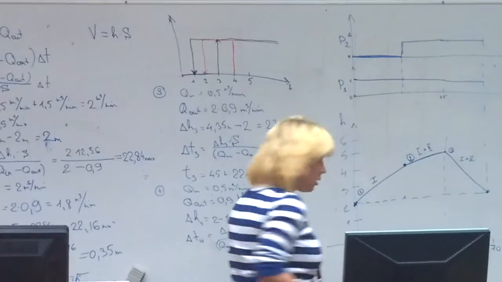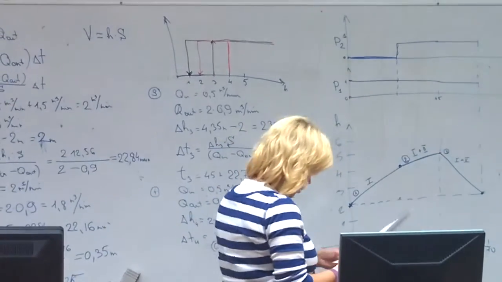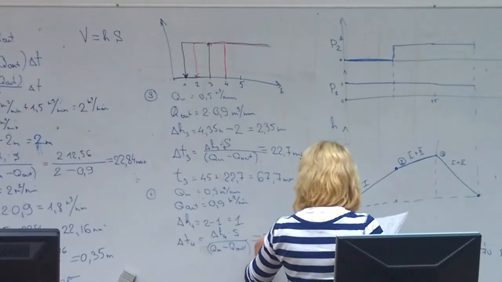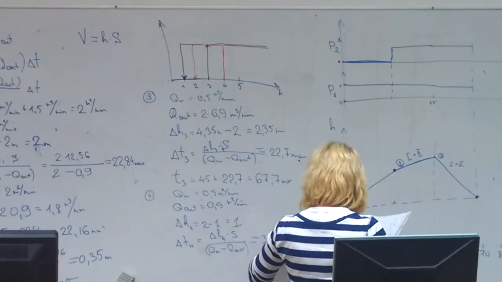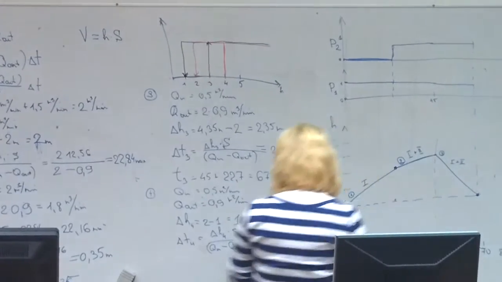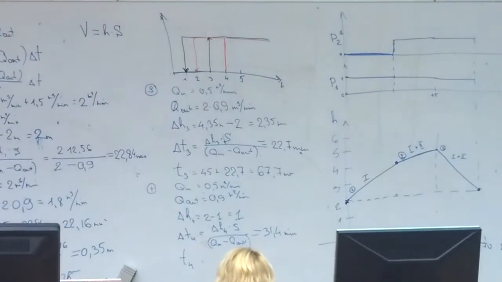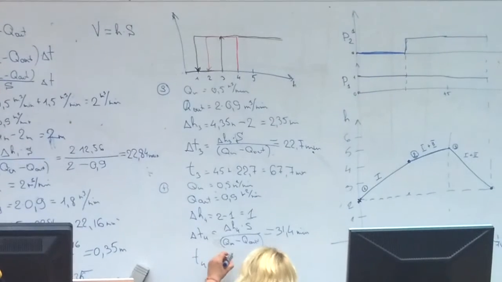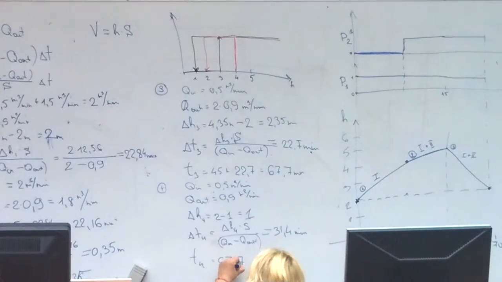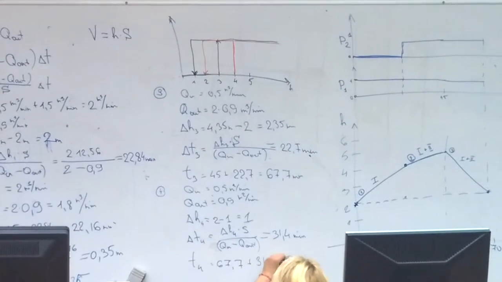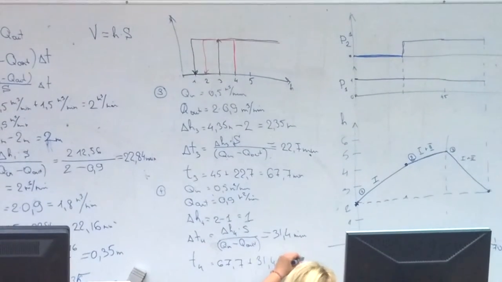So according to my calculations, we will have 31.4 minutes, and that means that absolute time in that case will be 67.7 plus 31.4. It will be 99.1 minutes.